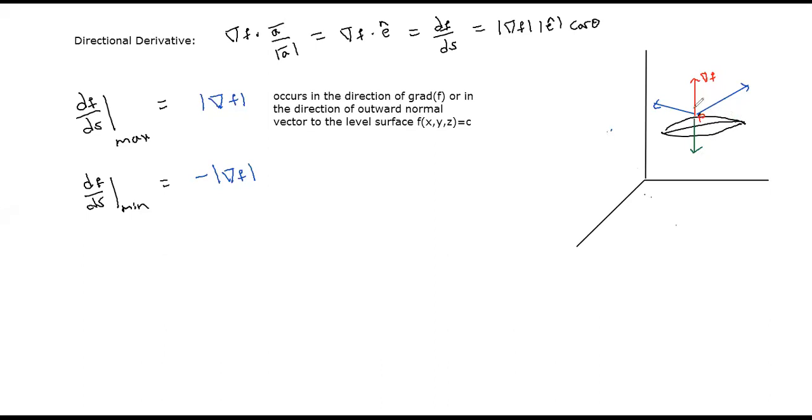So this value occurs in the direction of minus grad f, or in the direction of the inward normal vector to the level surface f of xyz equal to c. Opposite of outward has to be inward only, no?